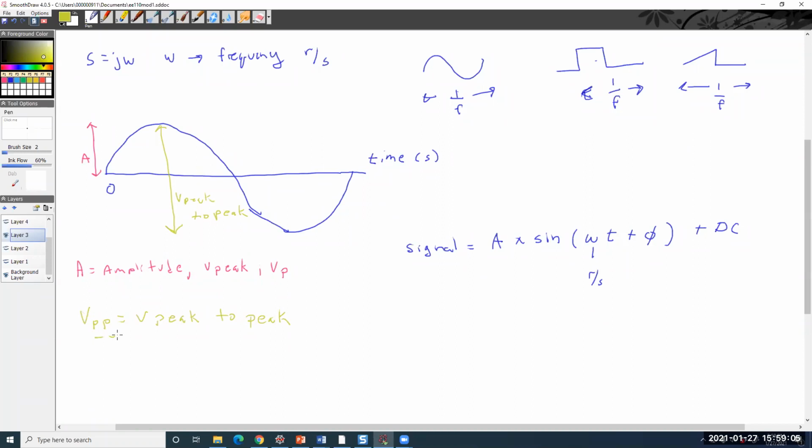Now, sometimes in the ADLM kit, you tell it it's a sine wave with an amplitude, but then sometimes you're telling it a peak to peak. Okay. I'm going to draw this up here.